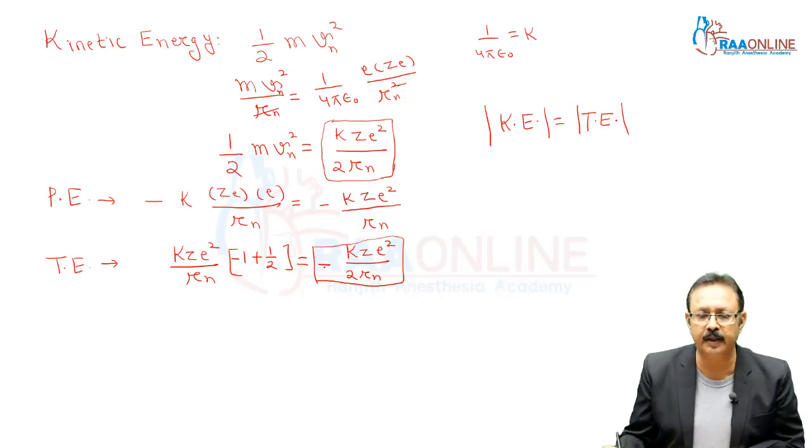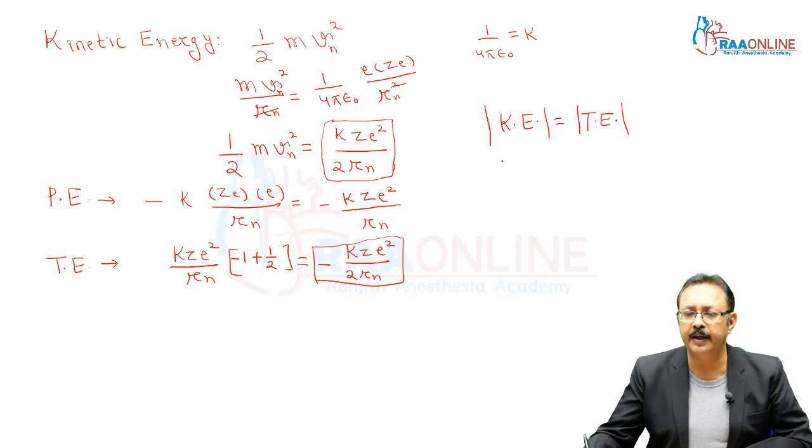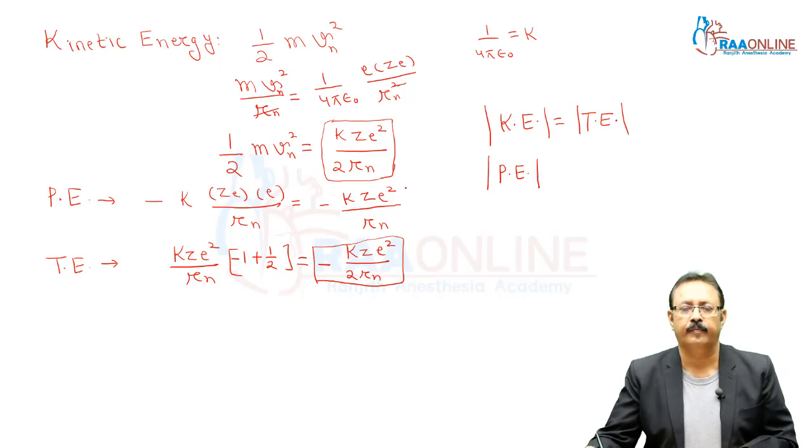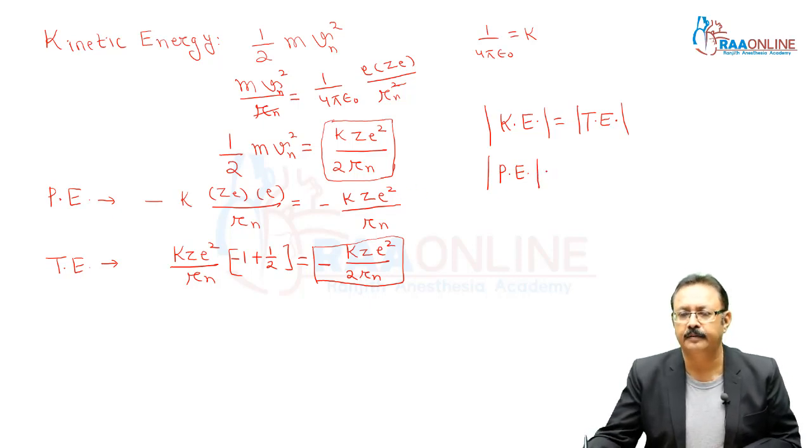If you remove this minus sign, it will become the same formula. But the magnitude of potential energy is double the magnitude of kinetic energy. If you multiply kinetic energy by 2, you will get this.